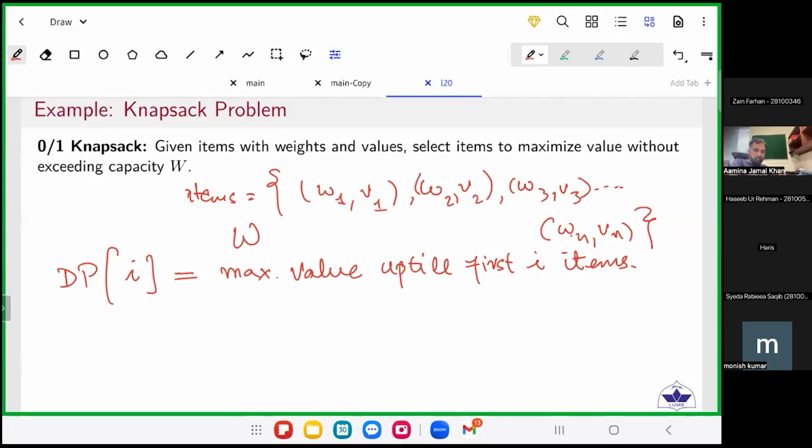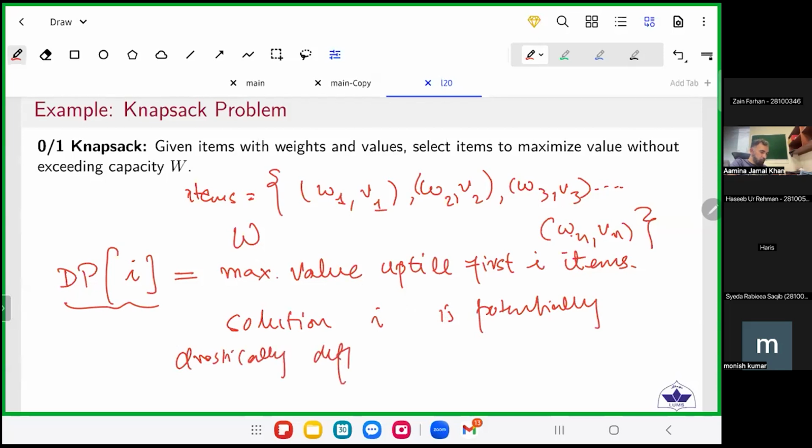So if this is what you are keeping as the state of a DP, the solution of I is potentially drastically different from the solution of I minus 1. That's the crazy part. Okay, so that's why DP will not work here.